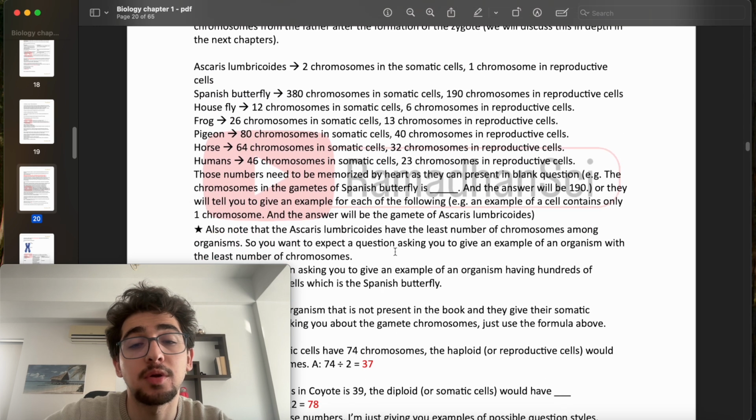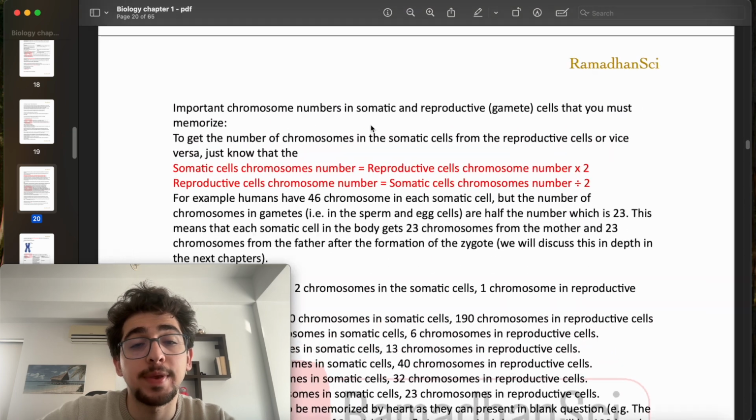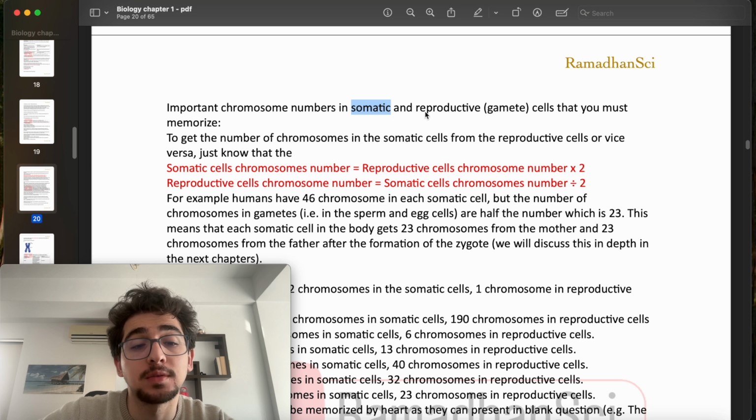Now let's talk about the chromosome numbers. I want you to understand we have somatic cells and reproductive cells, or the gametes. Somatic cells are represented by the body cells, any cell from the body.